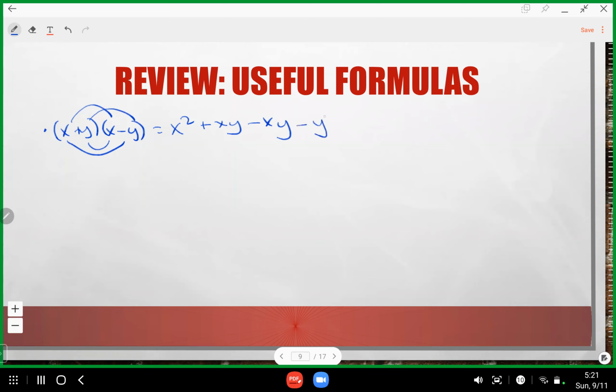Negative y squared. Very good. So what happens to the xy terms? They cancel out, and that's the difference of the two squared values. So this is called the difference of squares. Everybody remember that. That's very important. You can use that to factor quite a lot of stuff.